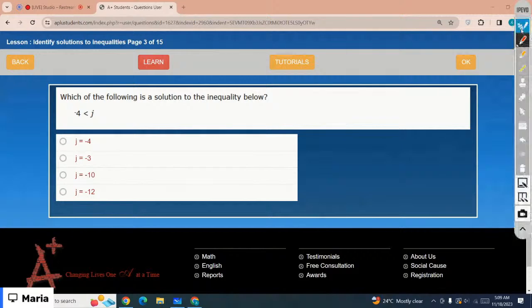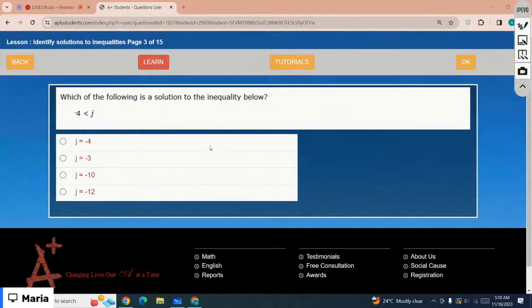That is negative 4 is less than negative 4. No. Negative 4 is less than negative 3. Yes, it is, right? Because here is 0, and on the negative side, negative 1, negative 2, negative 3, negative 4. Negative 4 is farther than negative 3 on the number line. So negative 4 is less than negative 3. Got it? The correct option is option number 2, that is j equals negative 3.